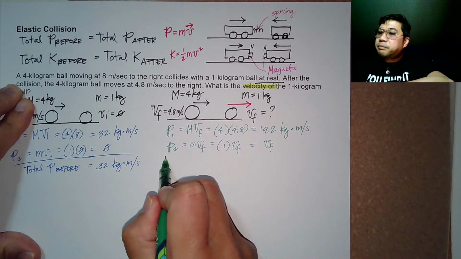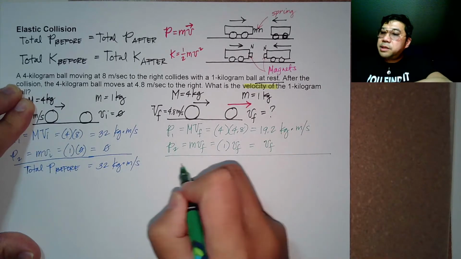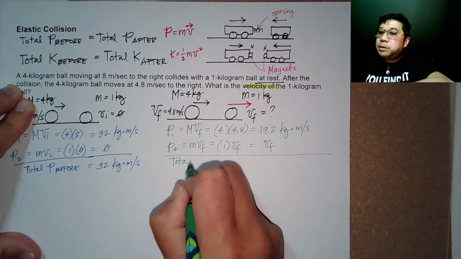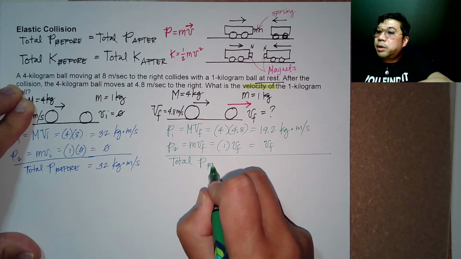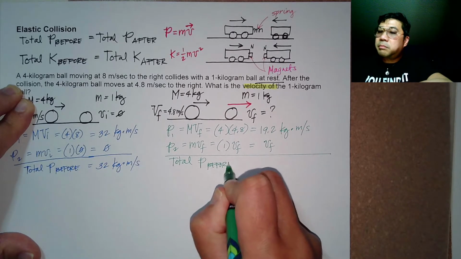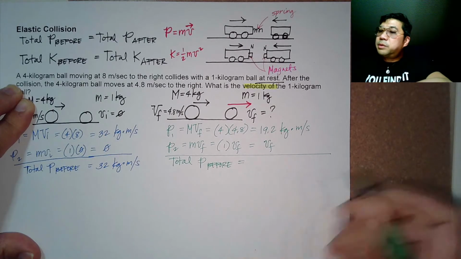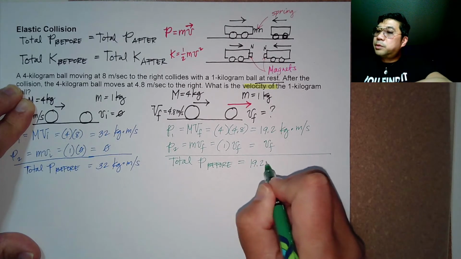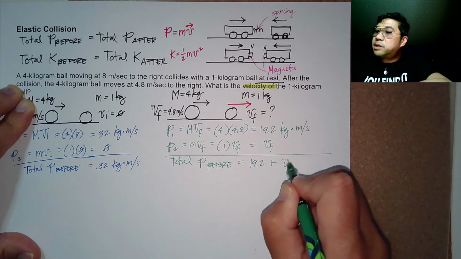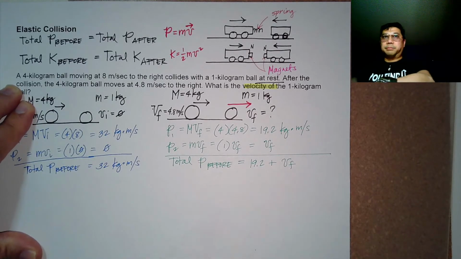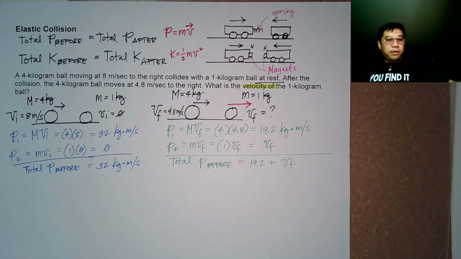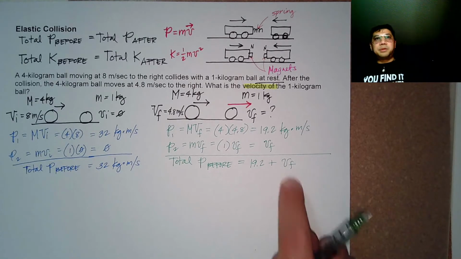Therefore, if we add this, the total momentum after is equivalent to 19.2 plus v sub f. So that will be our answer. However, this is not what we're trying to solve for.